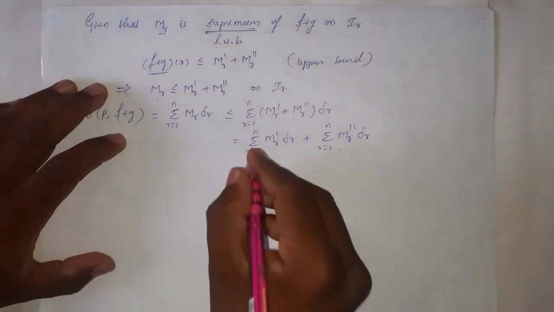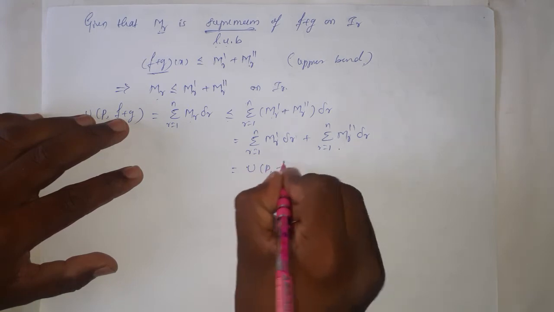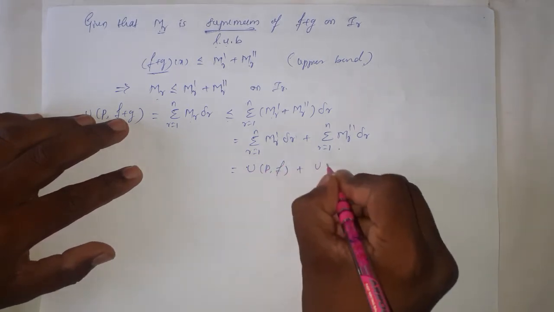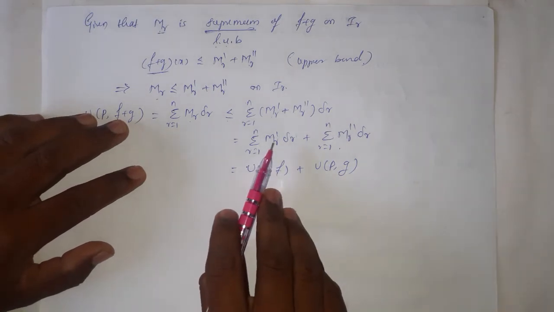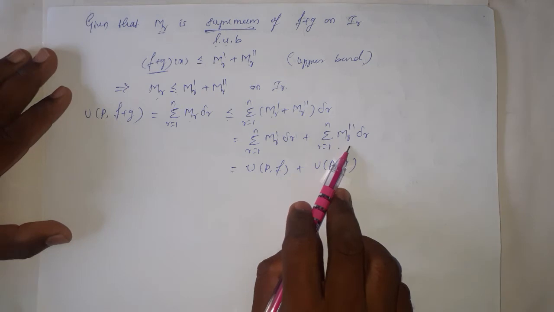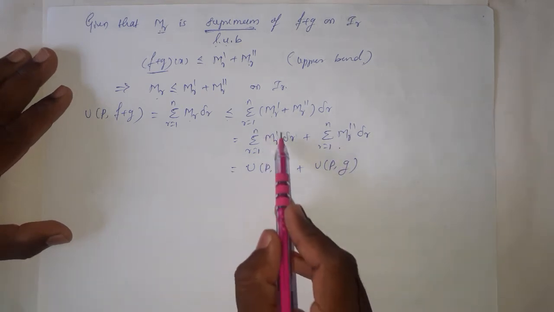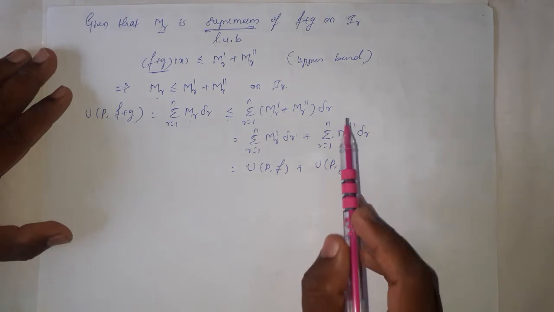So, this can be written as UPf plus UPg, because here we have the supremum of the function f and here it is the supremum of the function g.